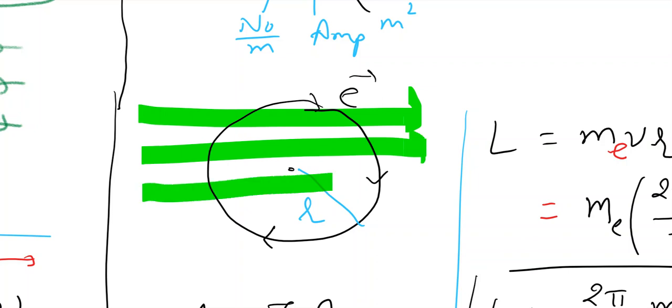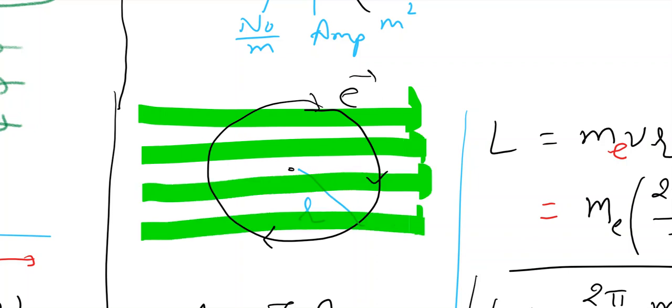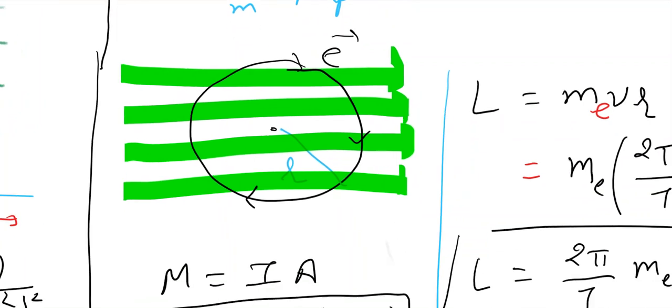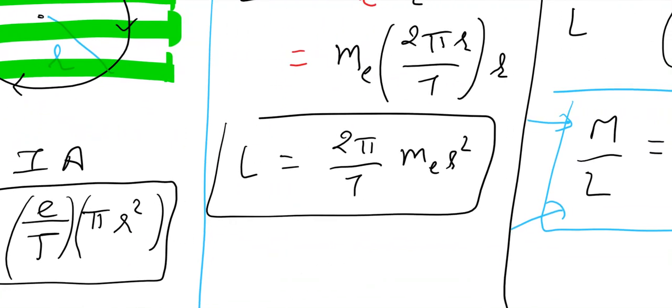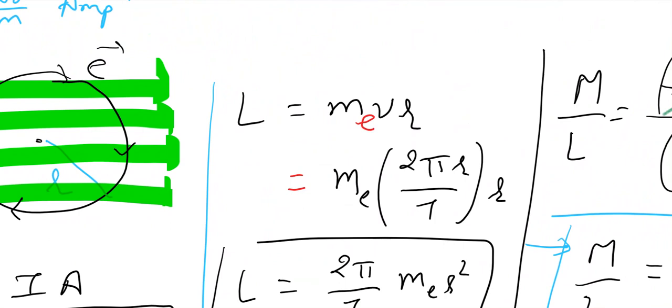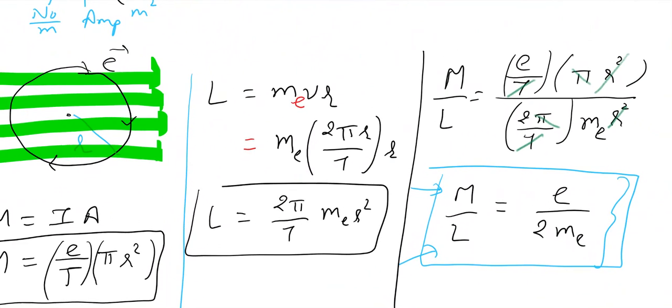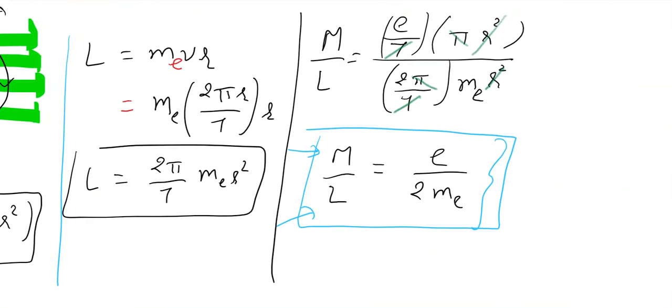Now we know that charges experience force F is equal to QVB. So electronic motion will be modified. So current will be modified, magnetic dipole moment will be modified, and if speed is changed, then mvr may also be changed. But look at the ratio of these two. The ratio will not be changed.